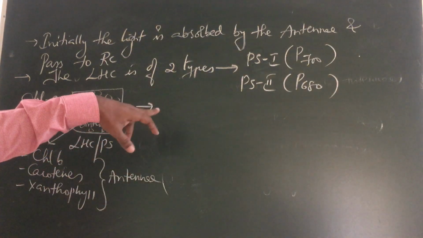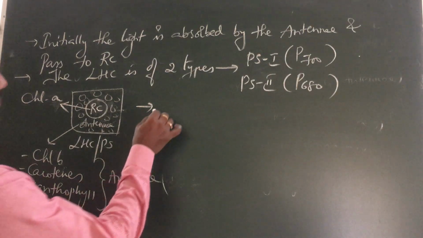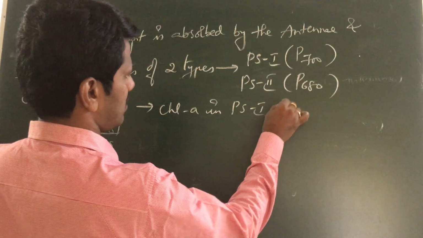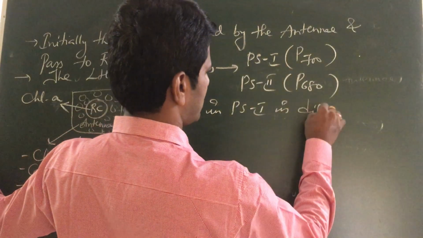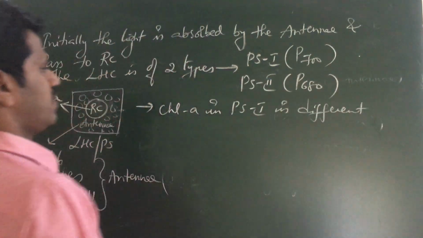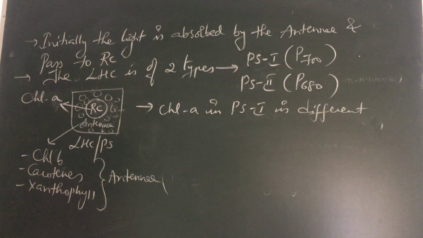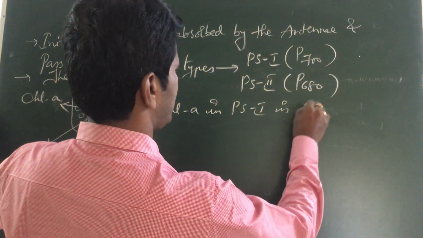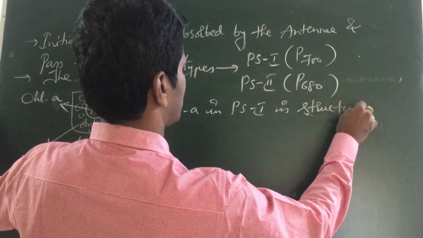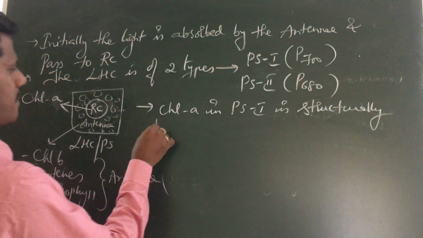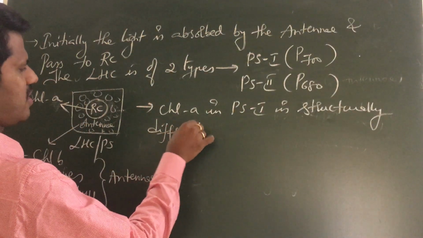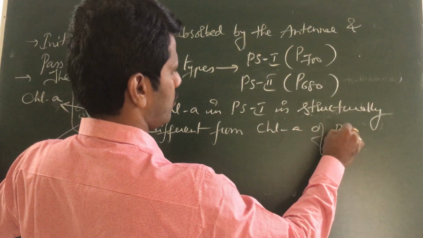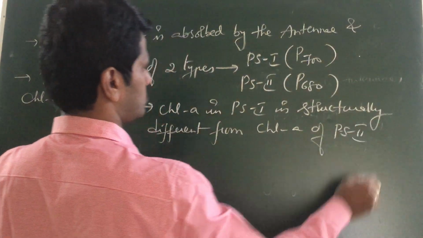Why is the wavelength different? The chlorophyll A in photosystem 1 is structurally different from the chlorophyll A of photosystem 2.